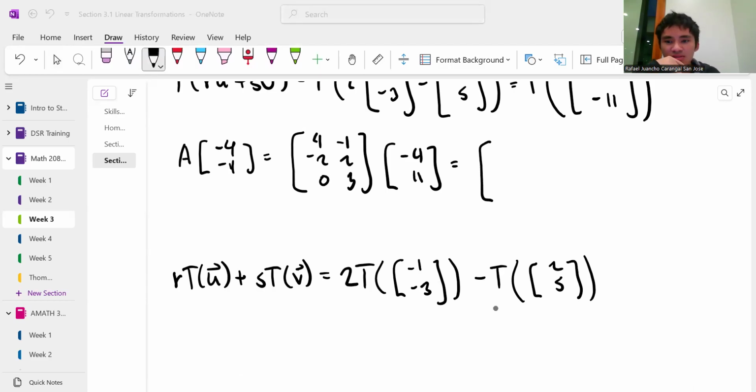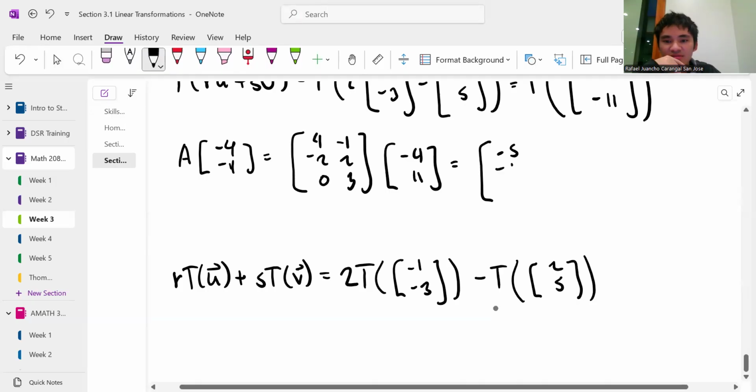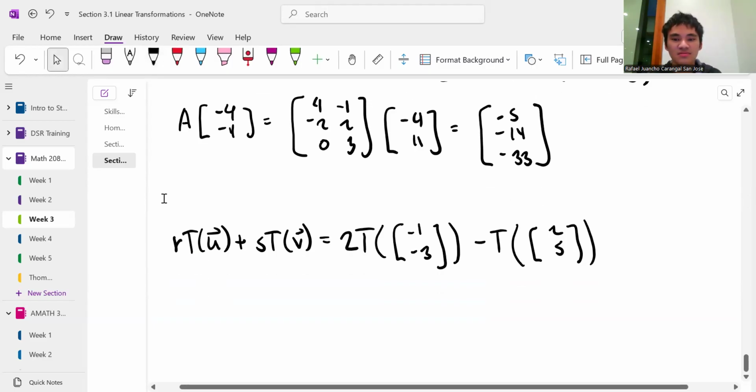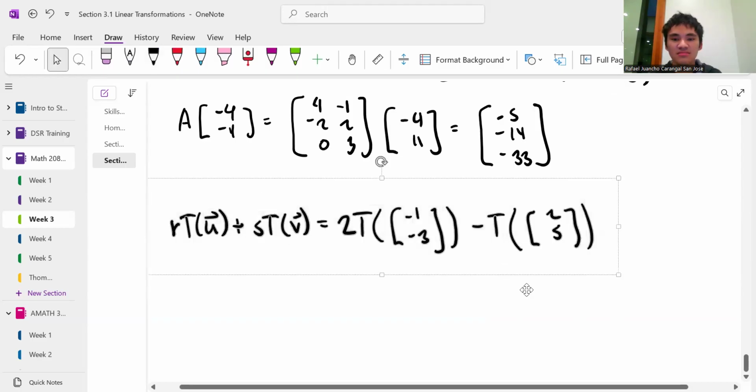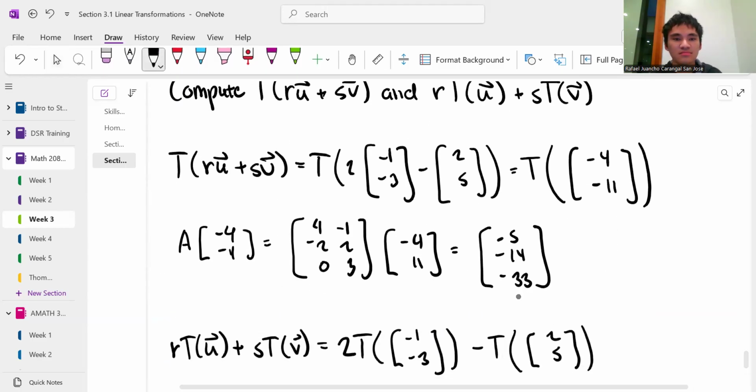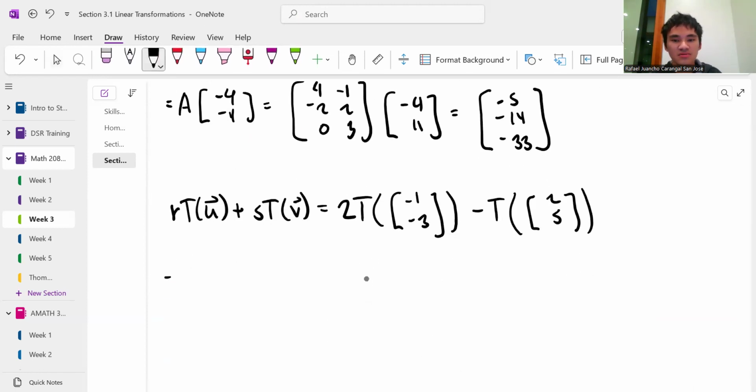So this is negative 5, negative 14, and negative 33. That's the vector. Here we get this thing. Now, is this equal? So 2 times this matrix and this guy minus this matrix and this guy.